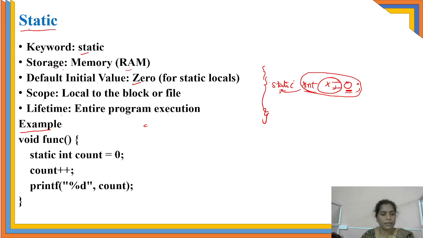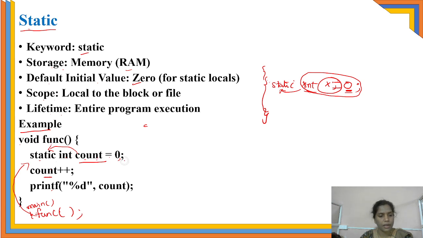Let's see this example. Void function, static int count equals 0. The count variable is initialized to 0 and declared as static, then count plus plus, and printf %d count. So in the main function, if I call the function for the first time, it will go to the function definition.